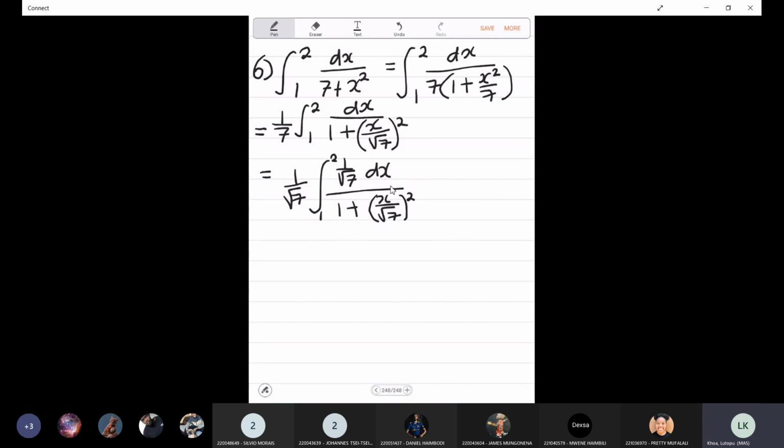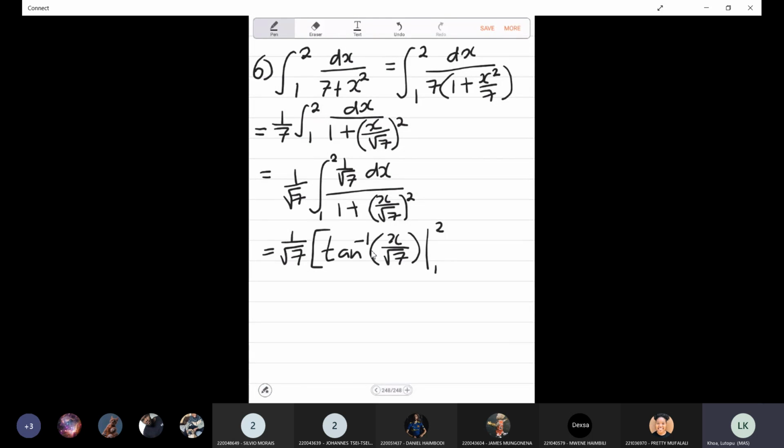Okay, so this is exactly in the form that we want, so we can just integrate this, and then we will get 1 over the square root of 7, and this is tan inverse of x over the square root of 7. Okay, with our limits there, 1 to 2.